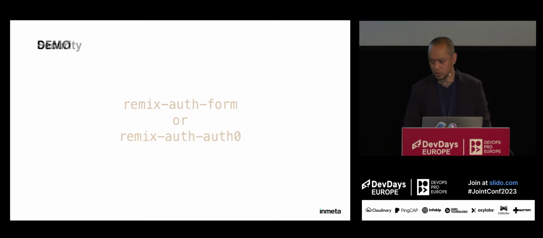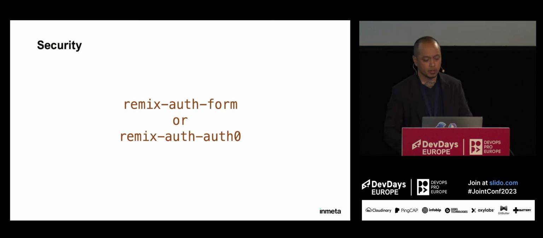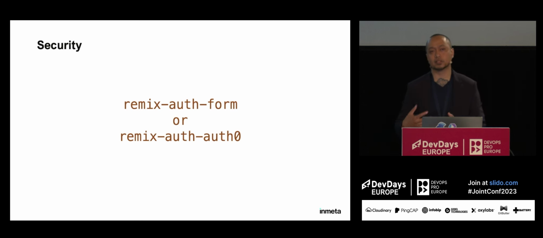So what about security? You can use remix auth form or remix auth 0. These two libraries, you can use that. Remix auth strategy works with any form, and then the auth 0 strategy is used to authenticate users against an auth 0 account, which extends the OAuth 2 strategy.